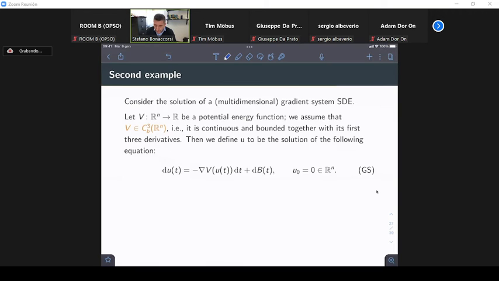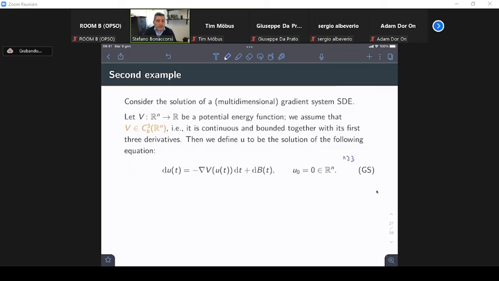For the moment we studied what happens for the Brownian motion itself, and now I want to see what happens if I consider the solution of a stochastic differential equation. So let me just write the equation in this special form, so not a general solution. We are in the case of a gradient system, and again, I need to recall that n should be greater or equal than 3.